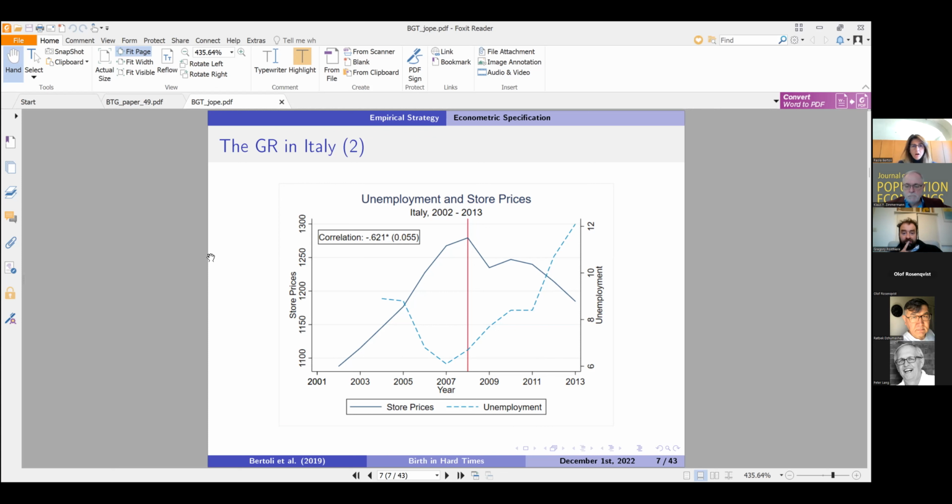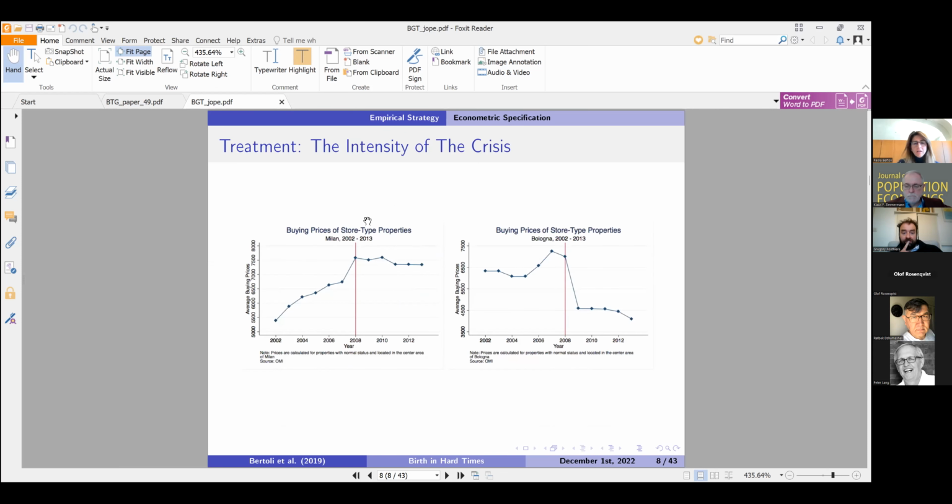We kept the dummy as baseline because this allows us to avoid including the small recovery that was registered around the year 2010, where the economy in Italy seemed to be able to get out of the crisis, but it was actually really temporary because in 2011 we had the second wave of the recession that was even worse.